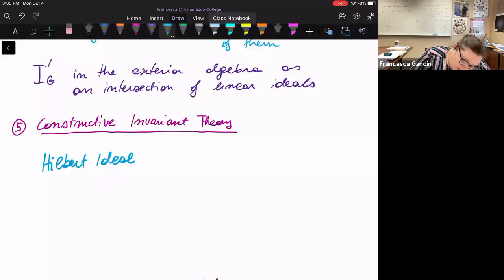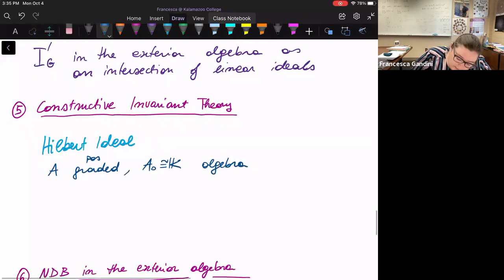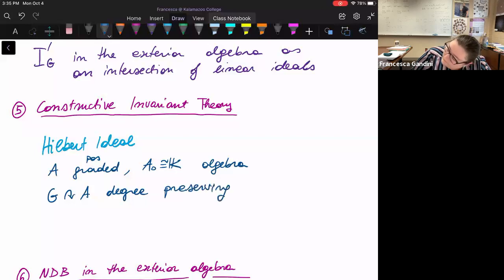So if your A is a graded, connected, maybe positively graded algebra, and you have G acting on A in a degree preserving way, then we can think about the invariants in each degree.